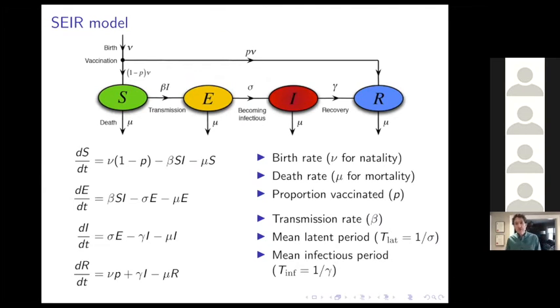Well, the way that mathematical epidemiologists have approached this is to try and build a simple mechanistic model, which many of you will have seen before, but I'll explain here. The idea being to capture in a simple way the process of disease transmission and what we would expect to see at the population level.